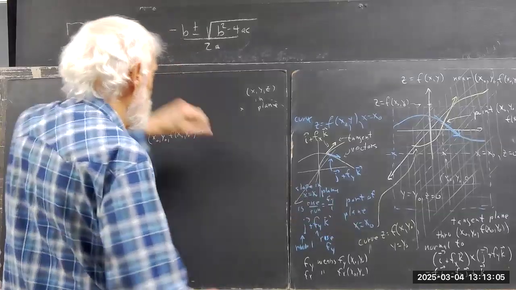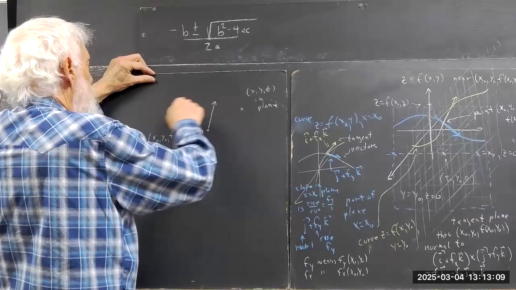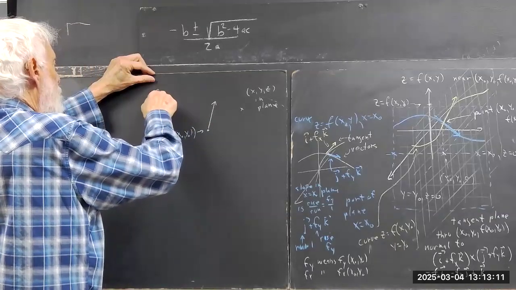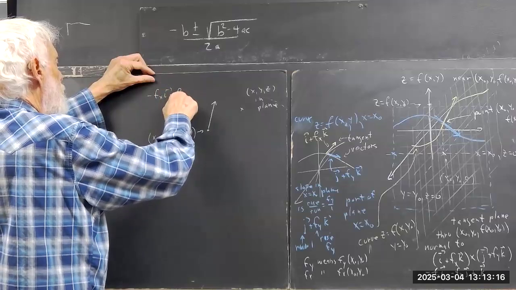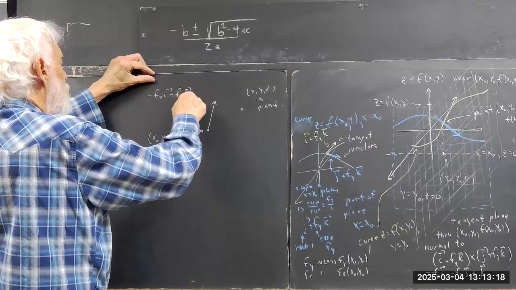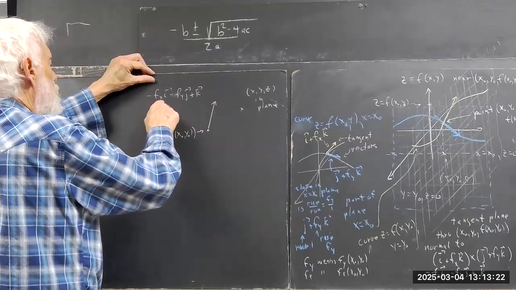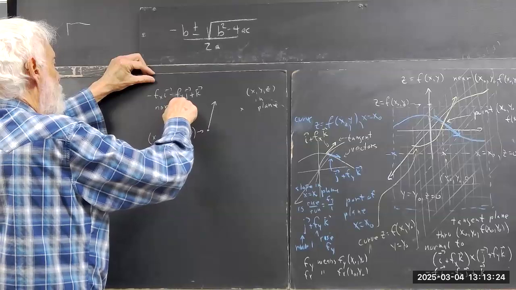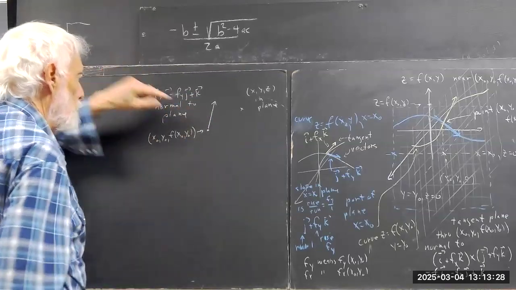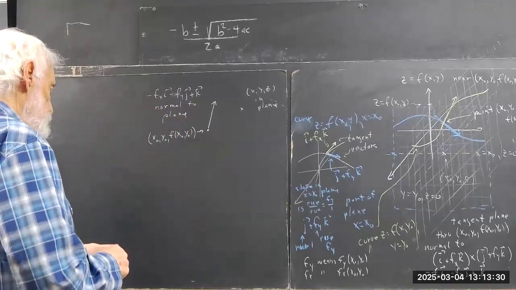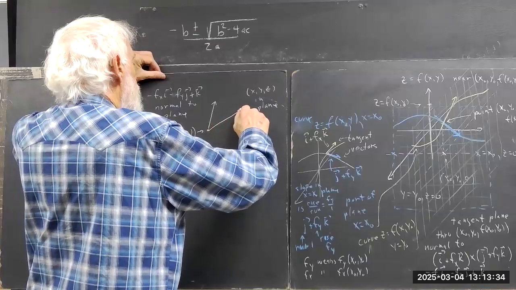We have the normal vector, normal to the plane. We have this vector in the plane.